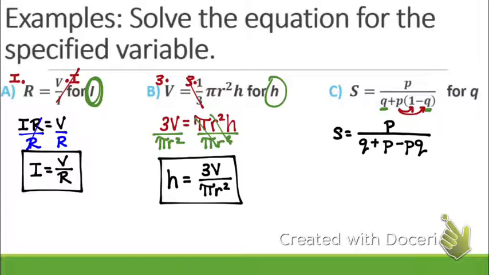How have we dealt with getting things out of denominators already? Multiplication. I have to multiply by everything that's in that denominator. I need to treat this as a whole factor here. So I'm going to multiply by Q plus P minus PQ on both sides.